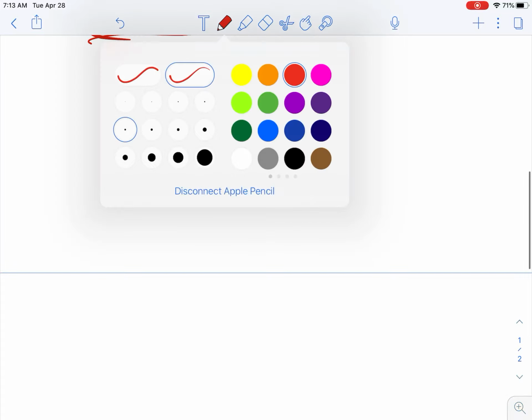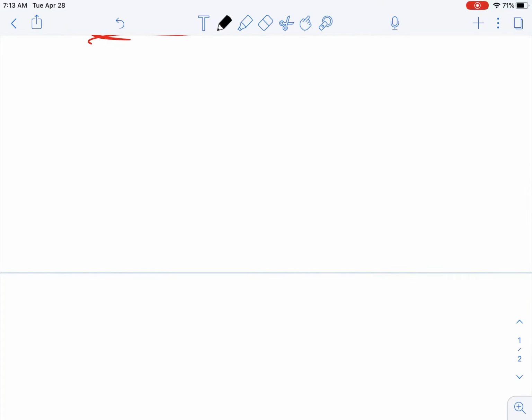So if, let's change the directions a little bit. Okay.